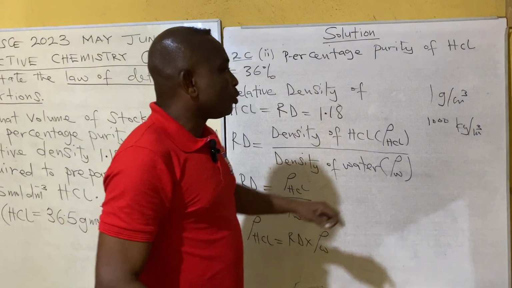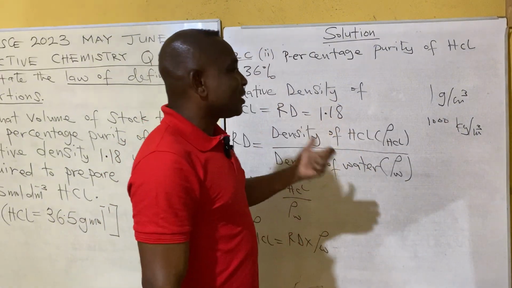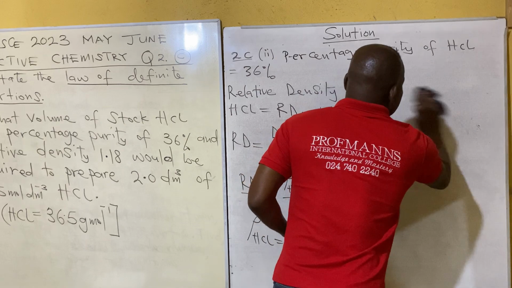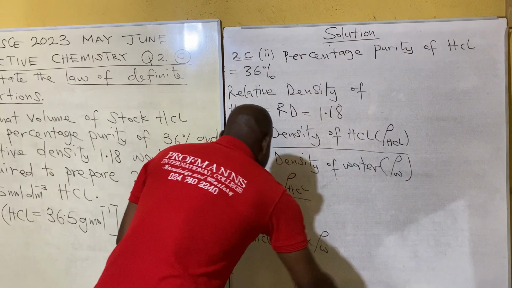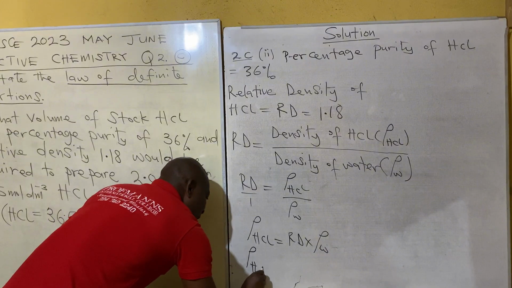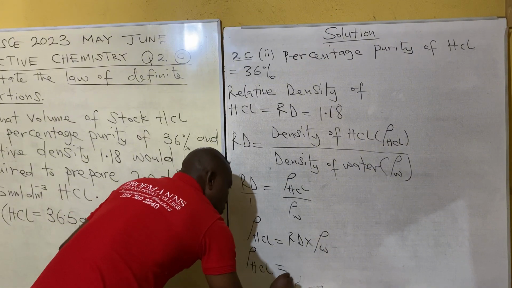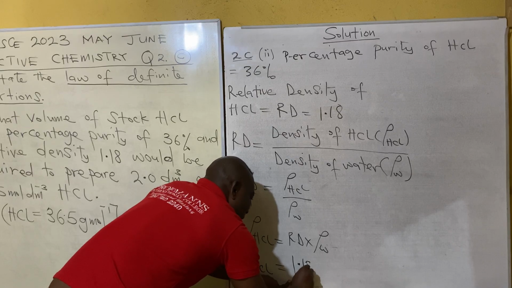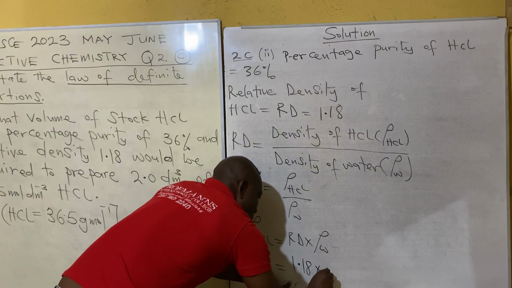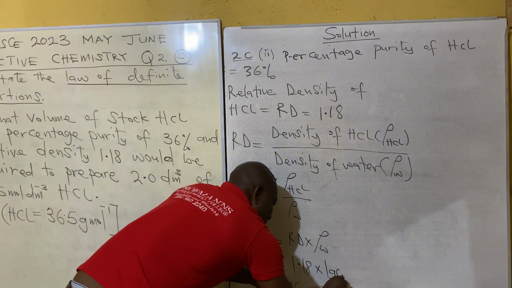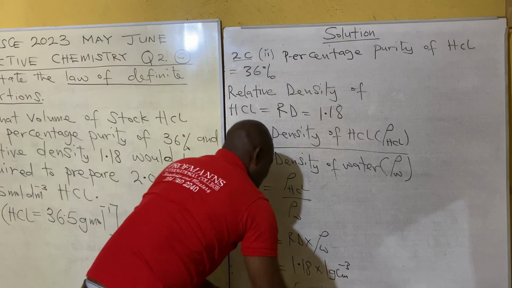In this case, we are going to use 1 because our measurement is in cm³. So the density of the HCl is equal to the relative density, 1.18, times 1 g/cm³.